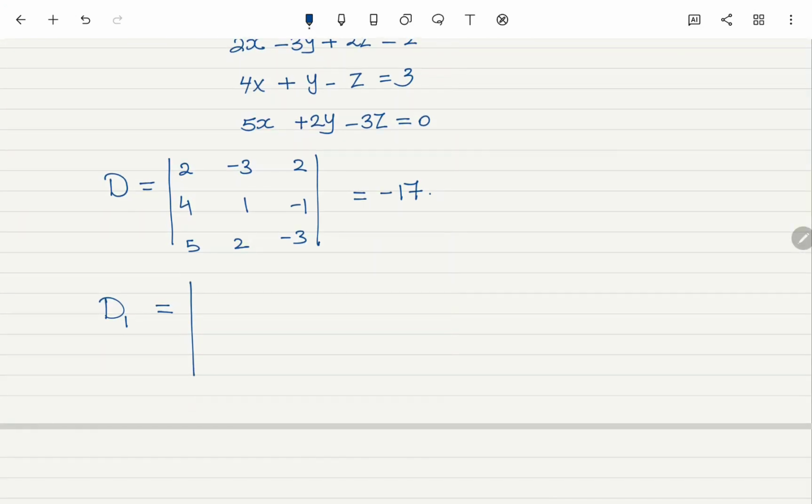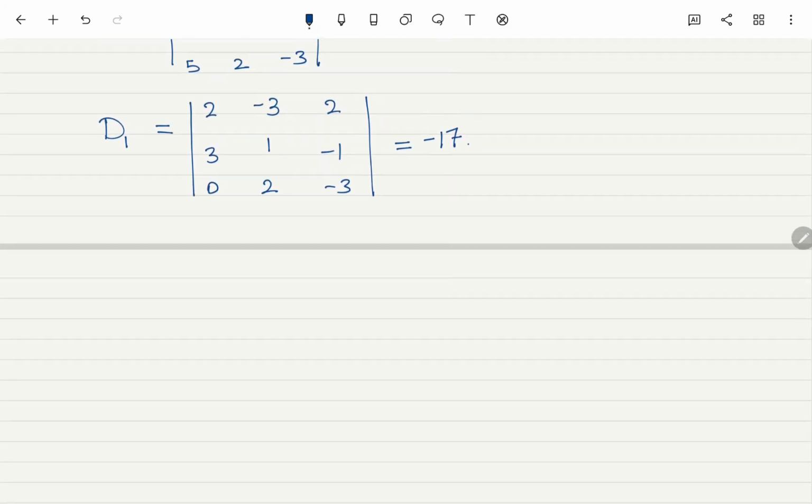So it should be 2, 3, and 0 in the first column, and the second and third columns should be the same: minus 3, 2, 1, 2, minus 1, minus 3. And the value for this D1 equals, again, minus 17.